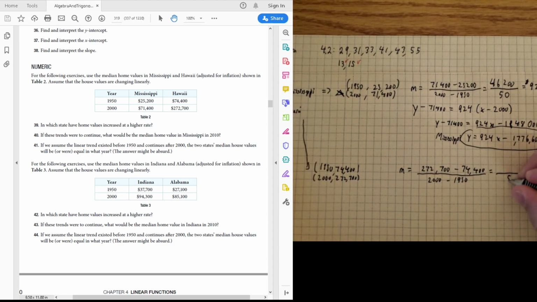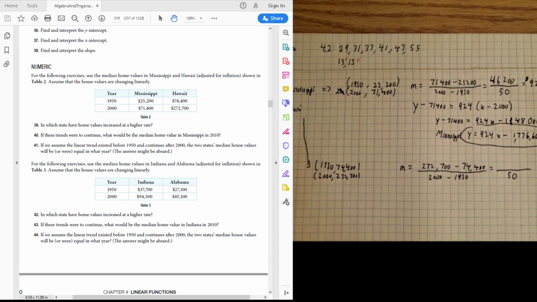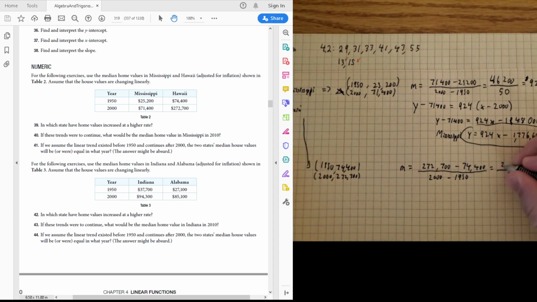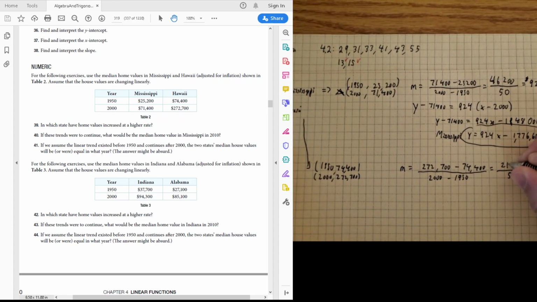Okay, once again, the bottom number is going to be 50. The top number is going to be 272,700 minus 71400, and I get 201,300.